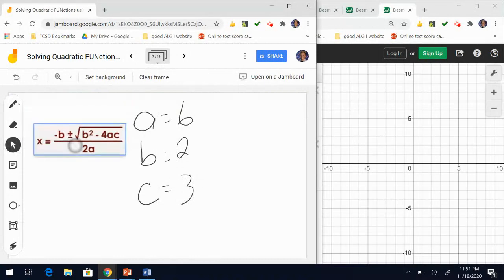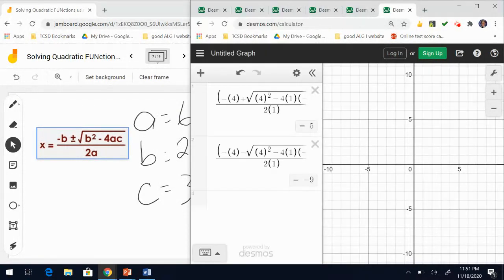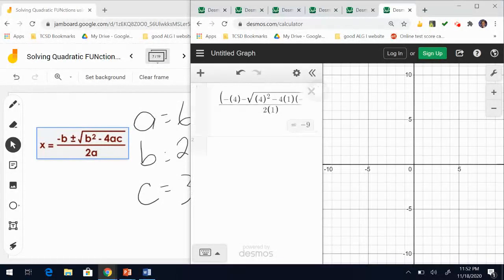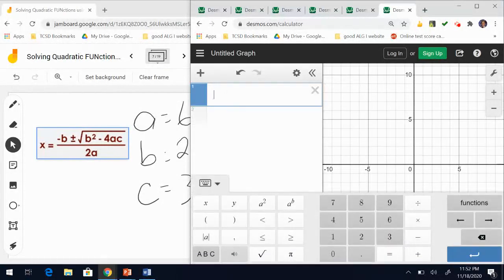So I'm going to use this formula again. I'm going to show you one more time in Desmos what that looks like. I'm just going to delete these. So again, we're going to take the numerator. So I'm going to put a parenthesis minus parenthesis, parenthesis. That's my b value. The plus is in front of that radical.